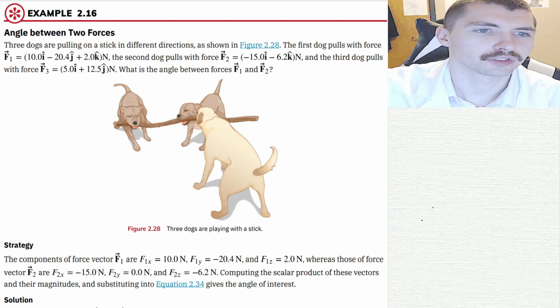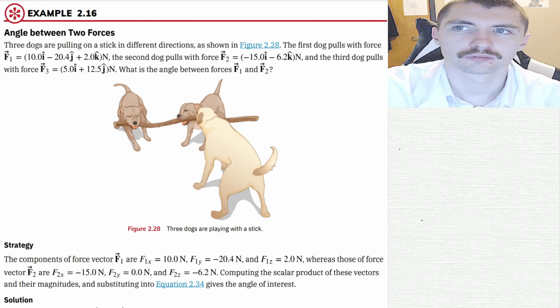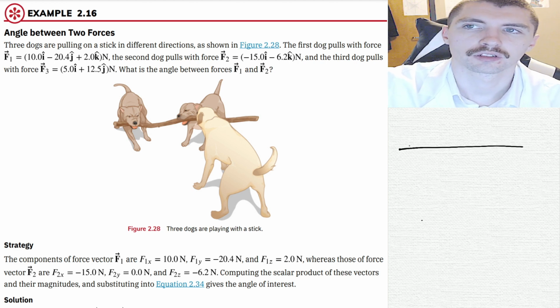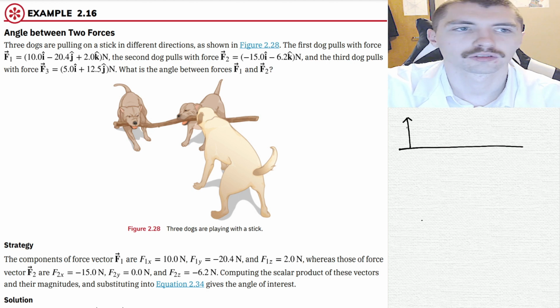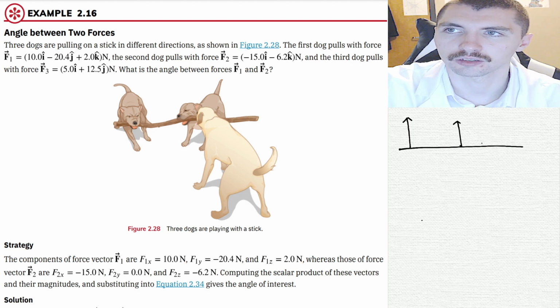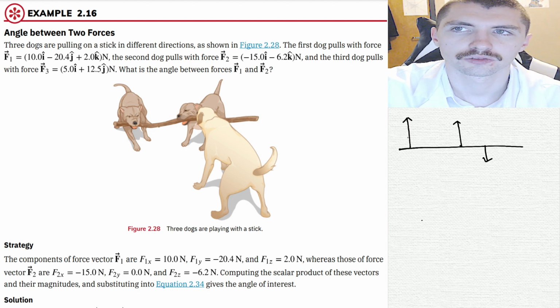Angle between two forces. So three dogs pulling on a stick in different directions. So we have a vector going this way. One going this way. And one going this way. So what's the angle between force 1 and 2?